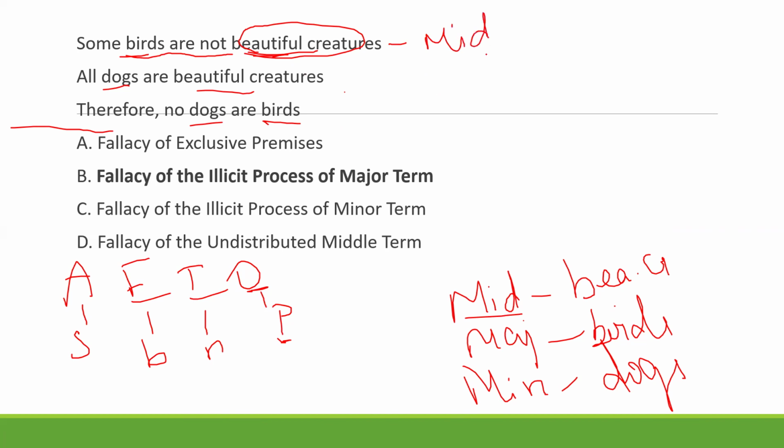Second, all dogs are beautiful creatures. All dogs means the subject is distributed, and dogs is the minor term, so the minor term is distributed. So the answer is the fallacy of illicit process of the major term. I hope it's clear.